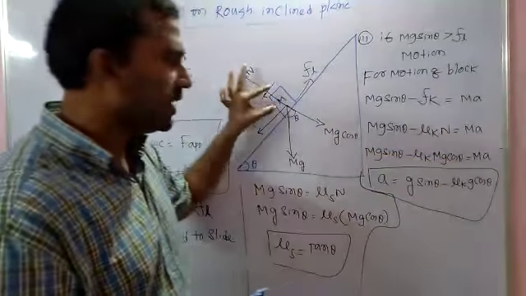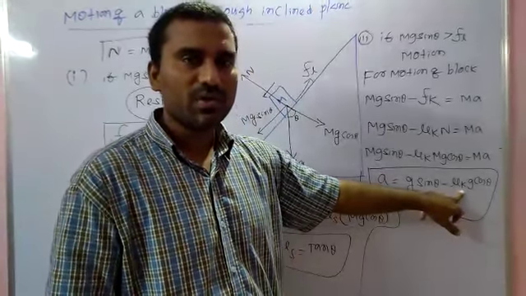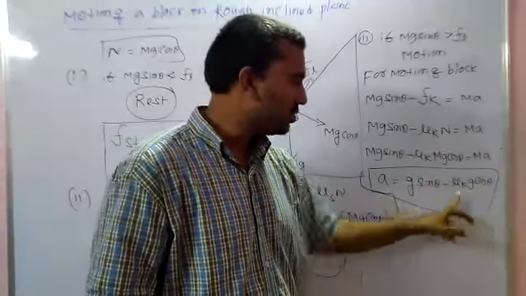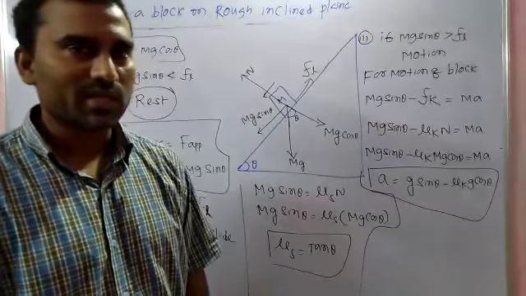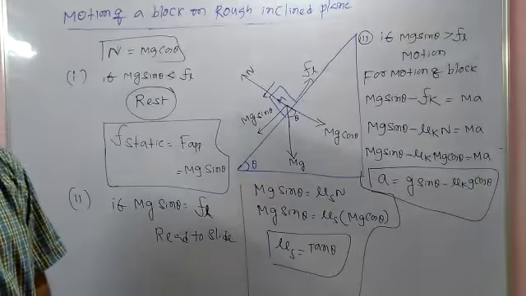Actually, what is the acceleration of a block on a smooth inclined plane? Smooth means no friction, so the coefficient of kinetic friction mu k is 0, and that term is 0. The acceleration is g sin theta. Okay, these are the three concepts.